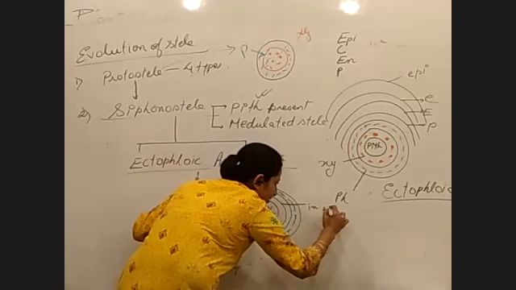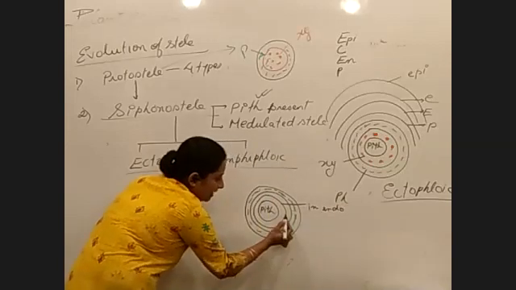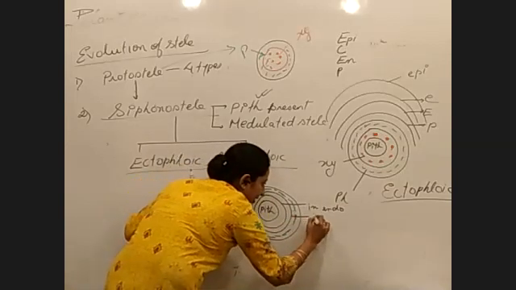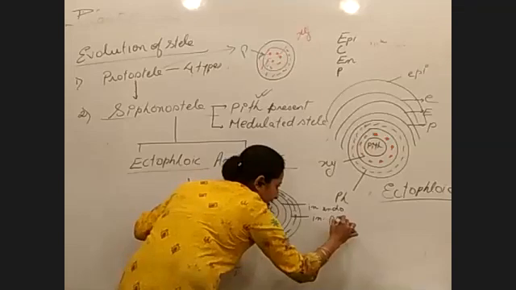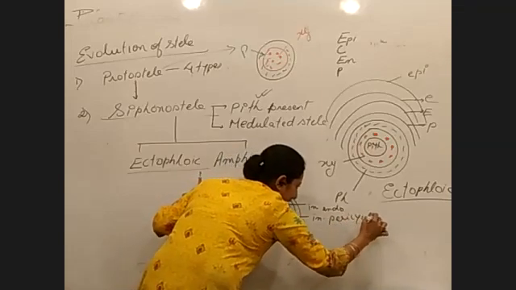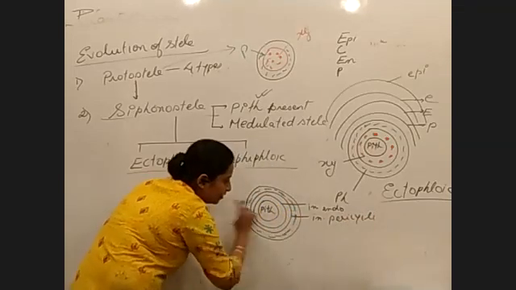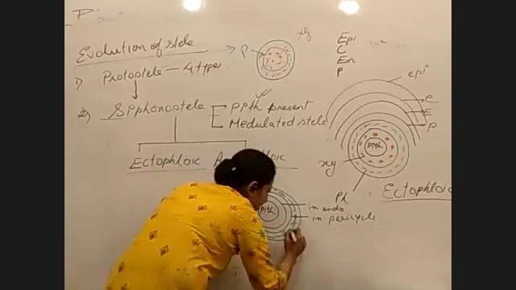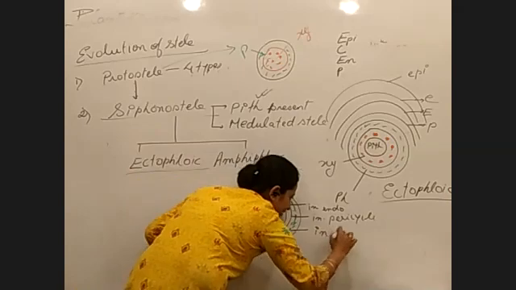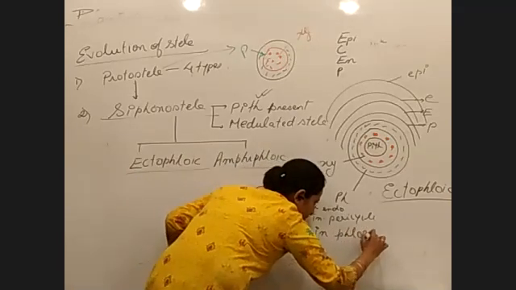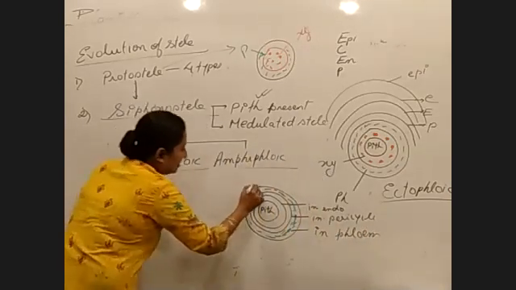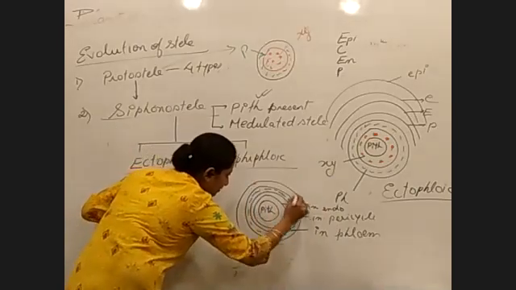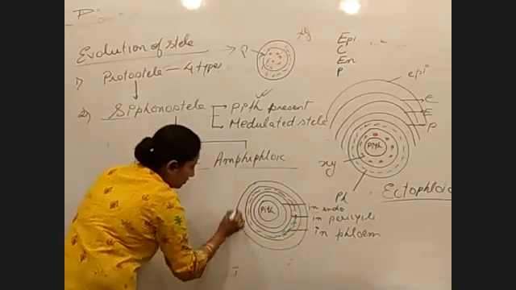Inner endodermis. What will be the next layer? Inner pericycle. In the inner pericycle, what I have written is this green portion. This portion is inner phloem. What will be the next layer?